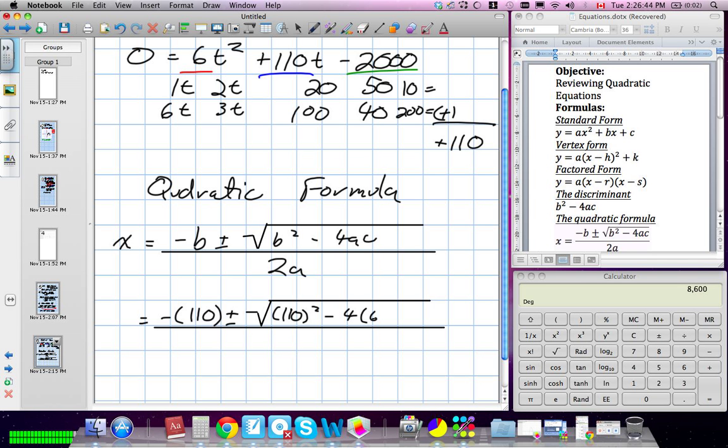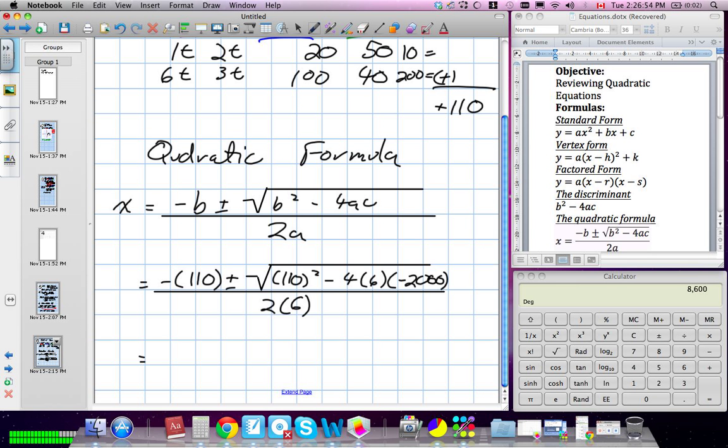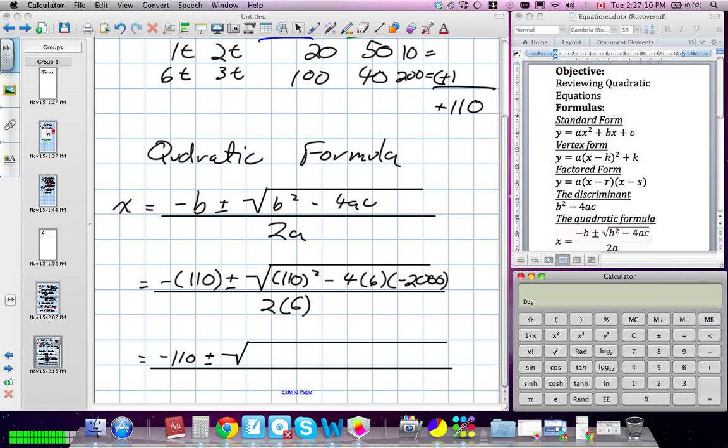This becomes negative 110 plus or minus the square root of 110 squared, 12,100. And we have negative 4 times 6 times negative 2,000, positive 48,000.